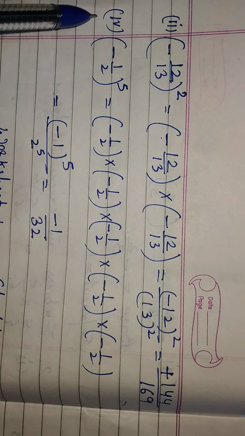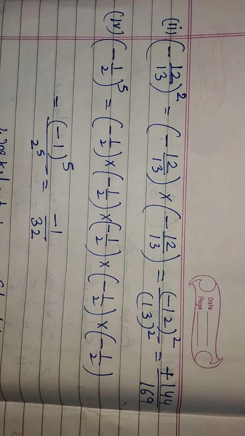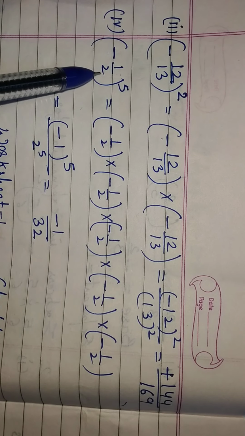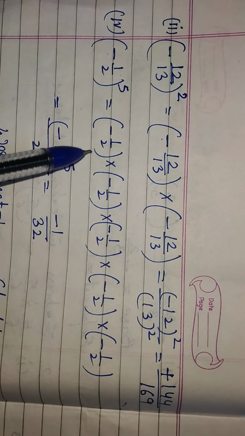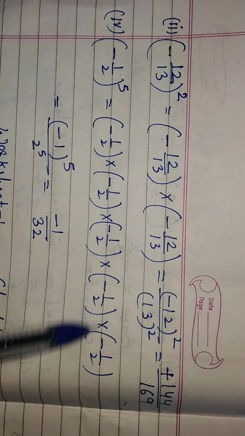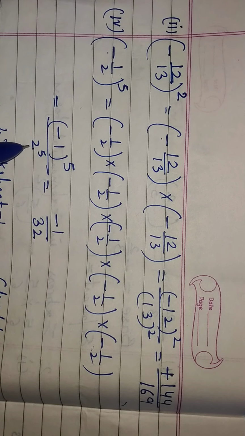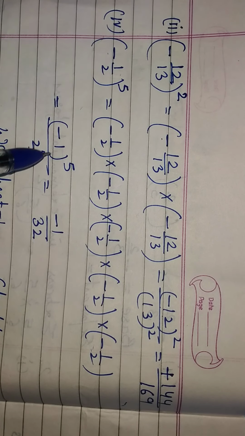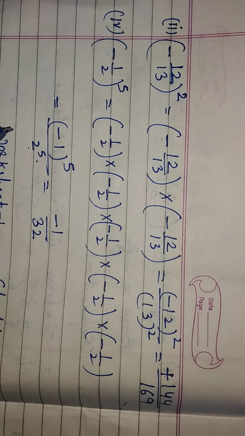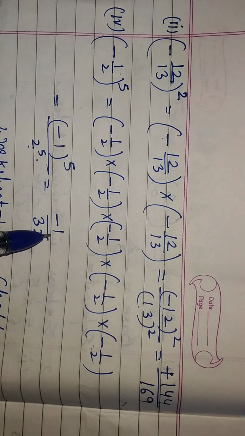Next is the fourth part: minus 1 by 2 whole raised to power 5. We will write it 5 times. Minus 1 raised to the power 5 and 2 raised to the power 5. Whenever we multiply 1 into 1 into 1, we get the answer 1.